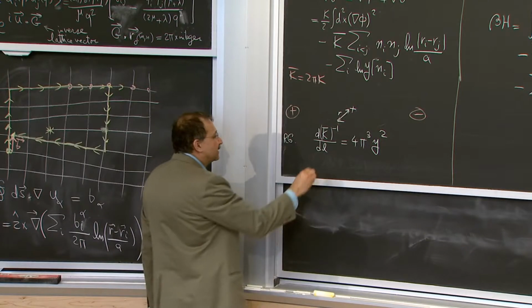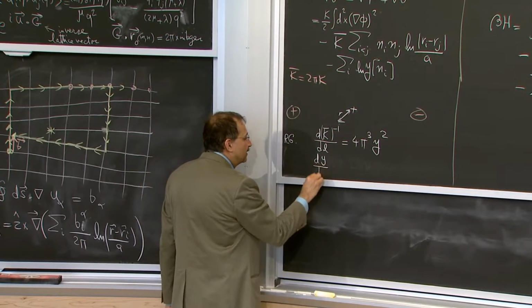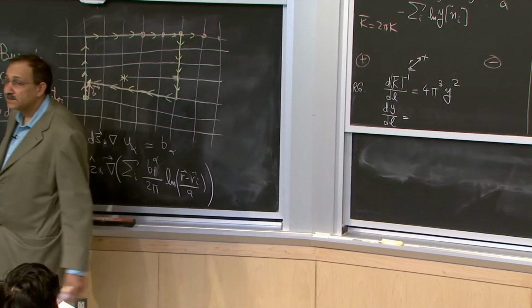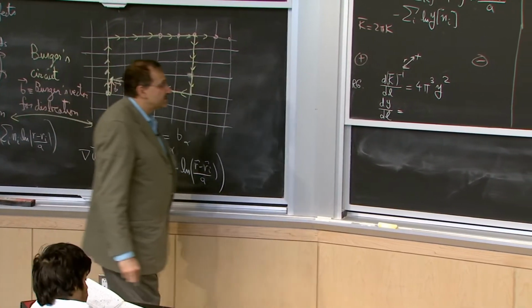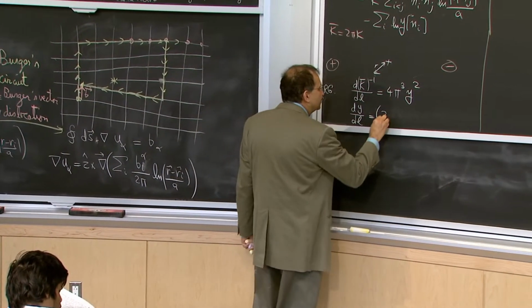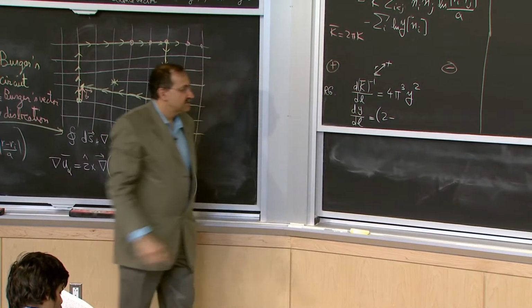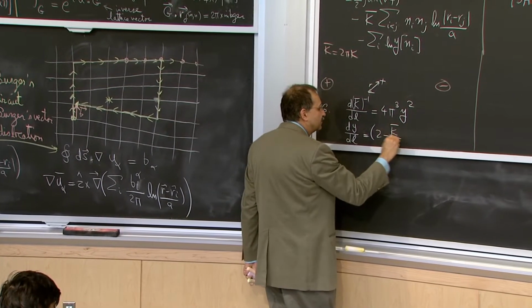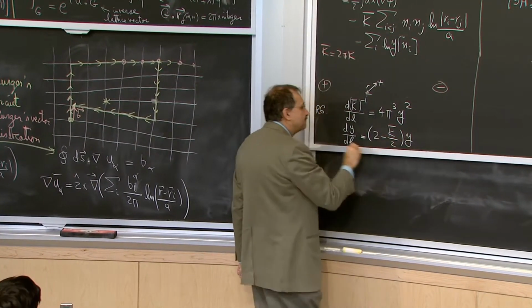And the scaling of the core energy itself was determined by 2 minus pi k, which in terms of this k bar becomes 2 minus k bar over 2, times y.